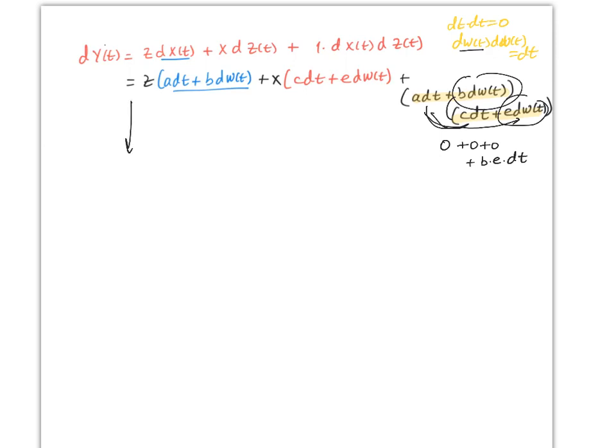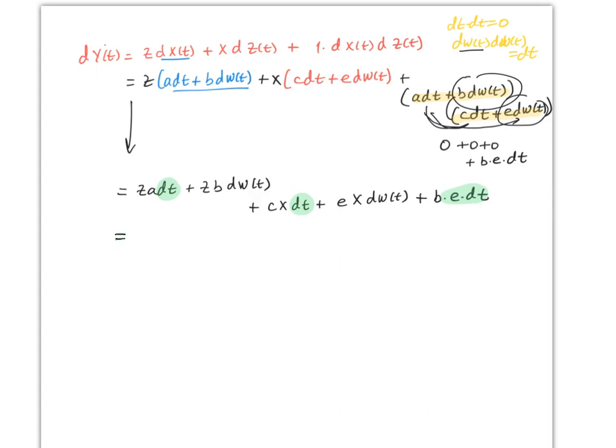So then what we have is technically this. You have za dt plus zb dW_t plus zx dt plus ex dW_t plus b times e times dt. Now you have dt in here, in here, and in here, so you can combine all of those.